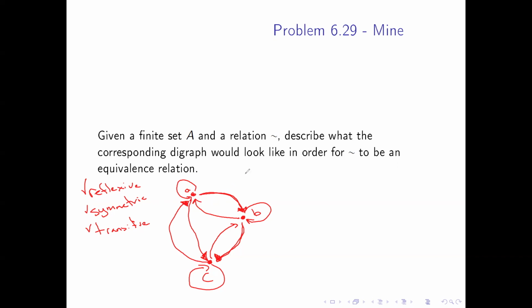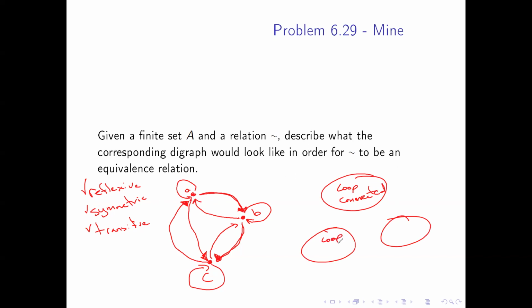In fact, the entire graph is going to be clumps where inside each one, everything has a loop and is connected. You can do other groupings, but they all are going to have loops, and all the possible arcs are going to be there. That is what it's going to look like if you do a digraph on this sort of situation.